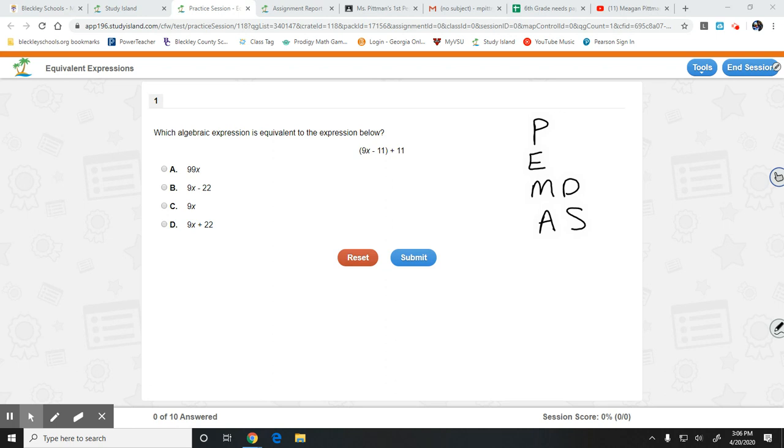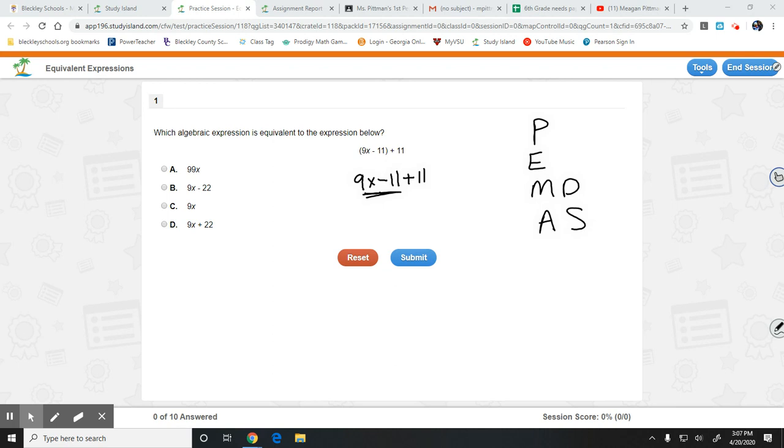Those are in parentheses: 9x minus 11 plus 11. But we can't do anything with it, can we? You can't combine these two because they're not like terms.